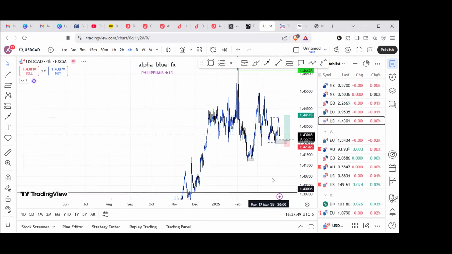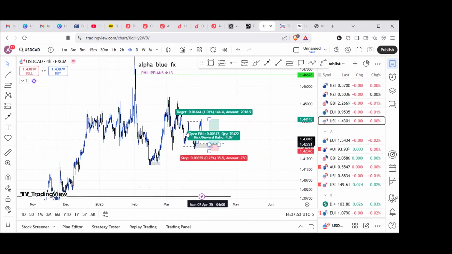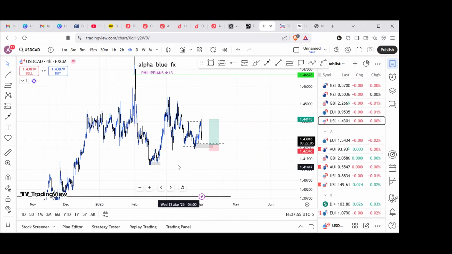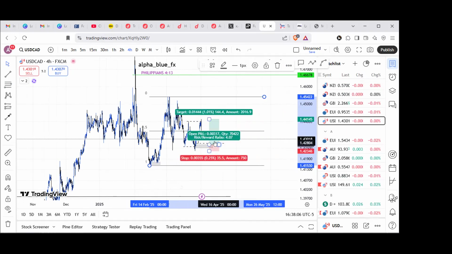The only reason why I'm not too comfortable with USD CAD is because this is, I don't know, it's kind of hanging, just hanging in the air like that. So this is the range we're looking at. It's still happening in the discount. I told you how to mark your area of premium and discount.